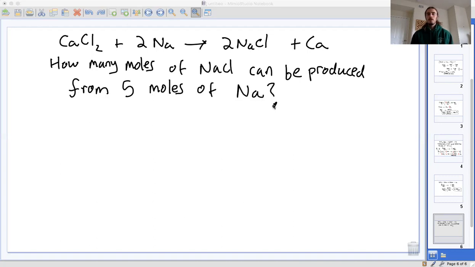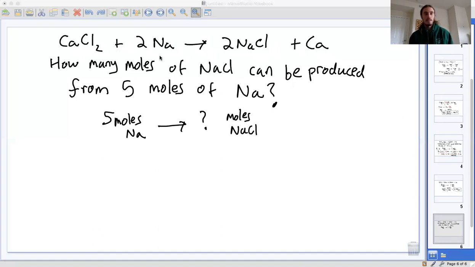Okay, so let's solve this problem with a conversion factor. We've got 5 moles of Na, and we want to know how many moles of NaCl that's going to get us, right? That's going to be produced from this reaction.